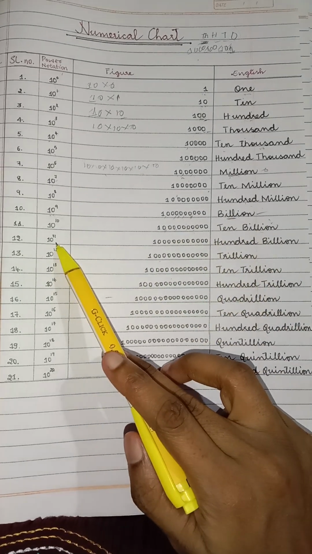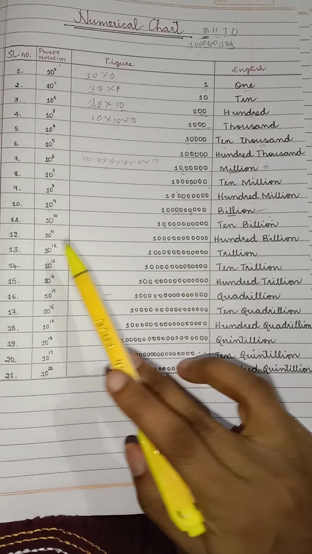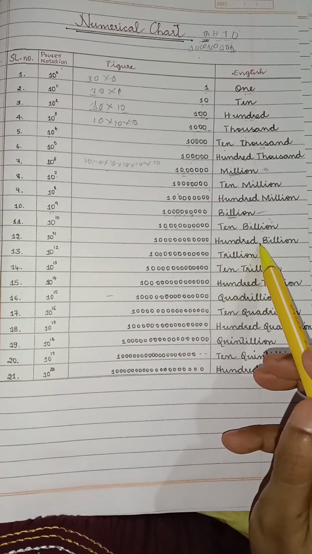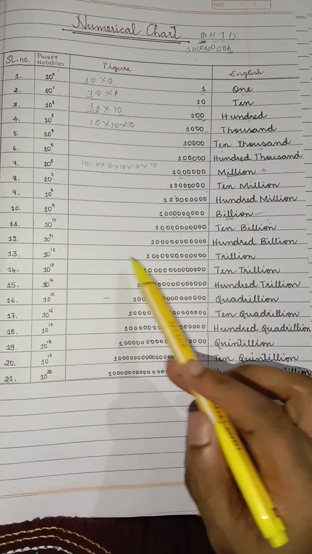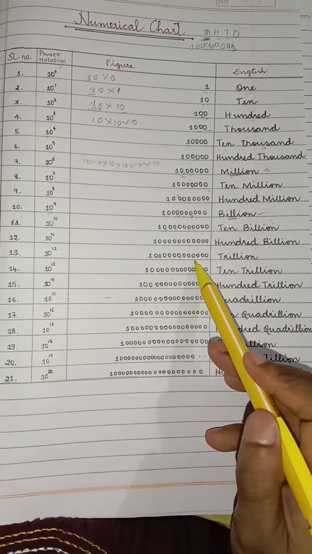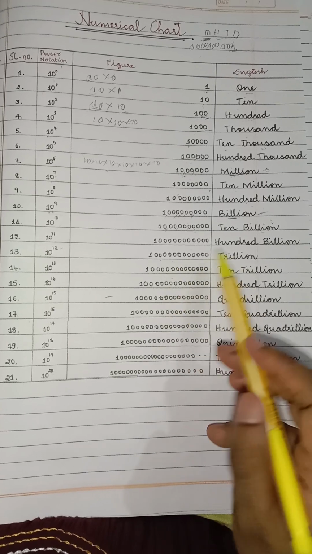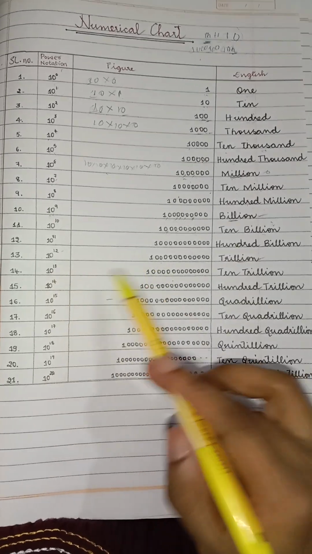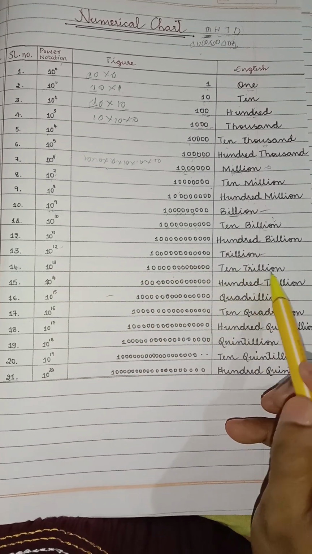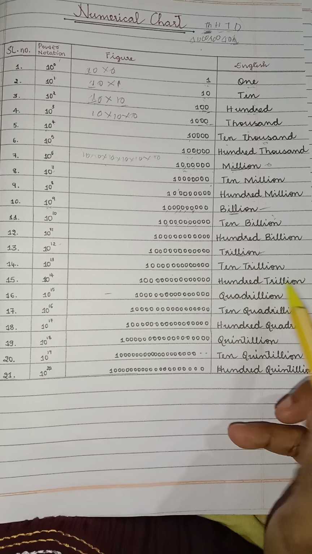When it is multiplied 11 times, it is called 100 billion. When 10 is multiplied 12 times, it is called a trillion. And 13 times and 14 times, it is called 10 trillion and 100 trillion.